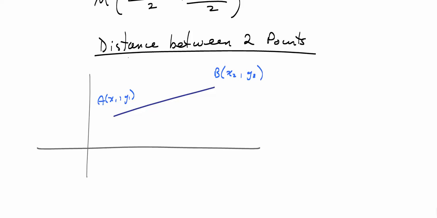The next thing we want to do is find the distance between the 2 points A and B. If we complete a right angle triangle like that, we can see that the distance between the x-coordinates x1 and x2 is x2 minus x1, and the vertical distance between them is y2 minus y1.